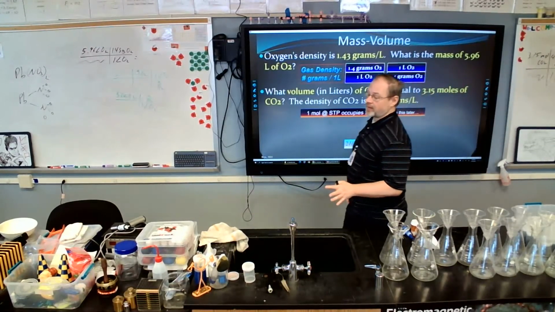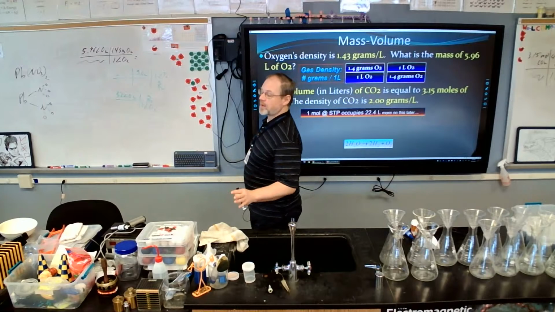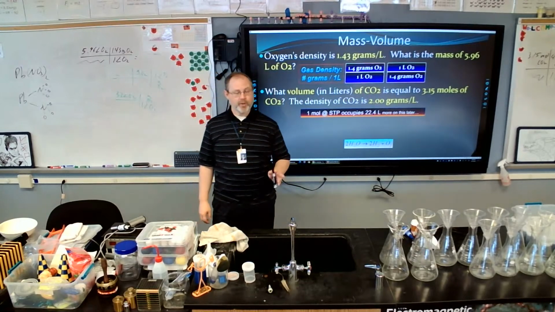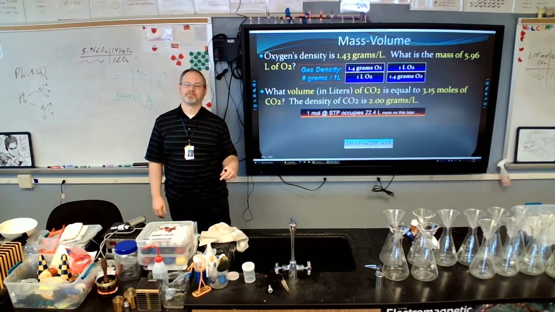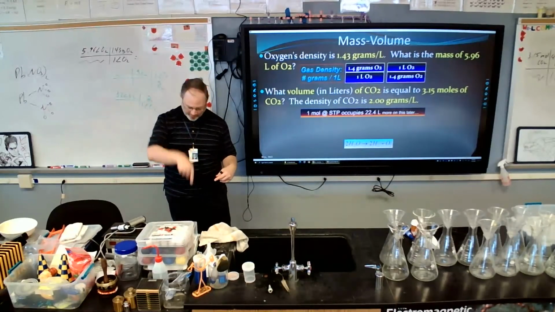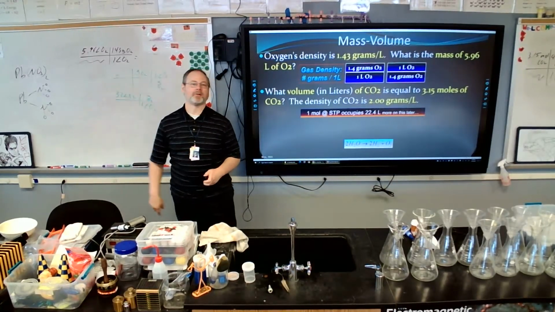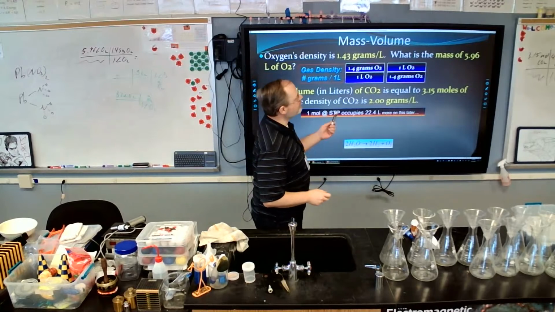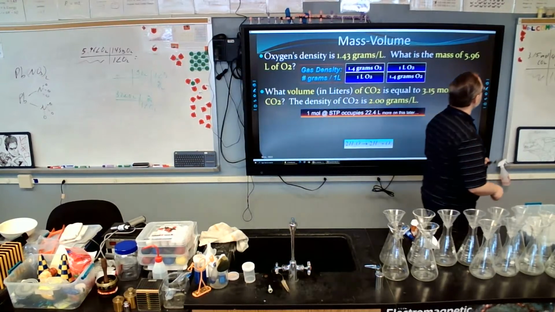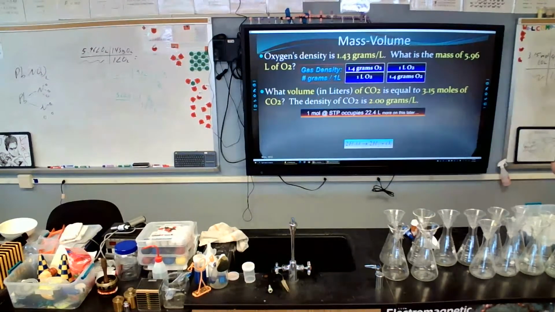If you understand where the 44 grams of CO2 came from, point to where it came from. Right, it's there on the periodic table or there on the wall. So grams per mole comes from the periodic table. So we've converted our moles of CO2 to grams of CO2. Lastly, we need to convert that grams into liters.